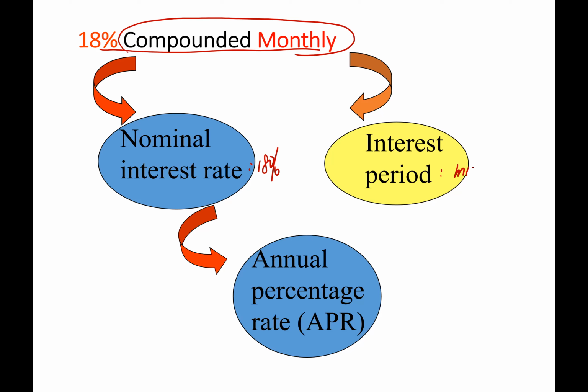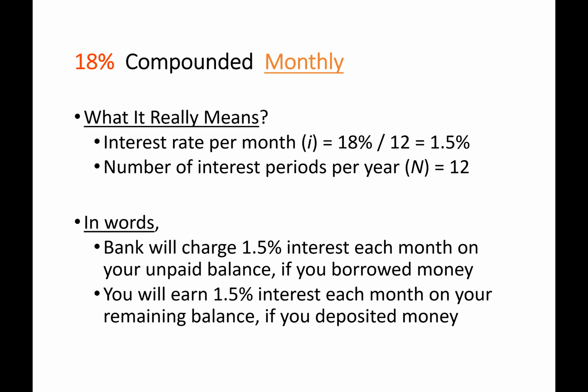So we're going to utilize this monthly compounding to get an annual percentage rate, which is what they call APR, the actual interest rate. It's going to be slightly more than 18%. You'll see in a second. So basically, this is just a conversion between the nominal interest rate and the APR. That's what we learned for this topic.